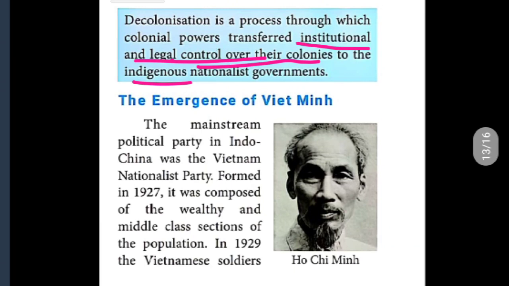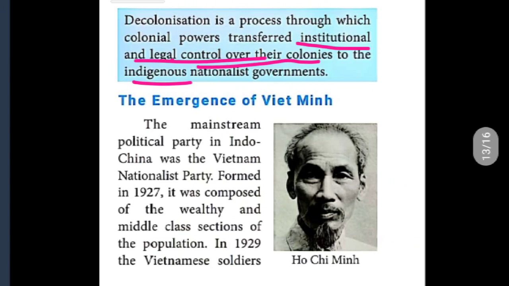Whatever powers they had regarding the colonies, they must hand over. They have to transfer institutional as well as legal control over their colonies to the native government. That is the meaning of decolonization.